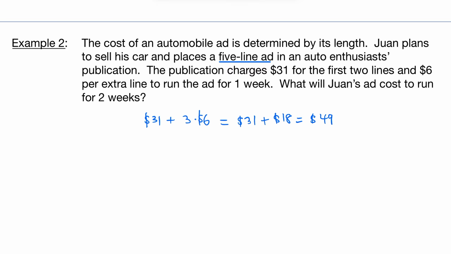And that's for 1 week. Okay, and we're told that Juan is going to run the ad for 2 weeks, so we need to double this amount. So $49 times 2 weeks is going to equal $98. Okay, so that is the total cost for a 5-line ad to run for 2 weeks.